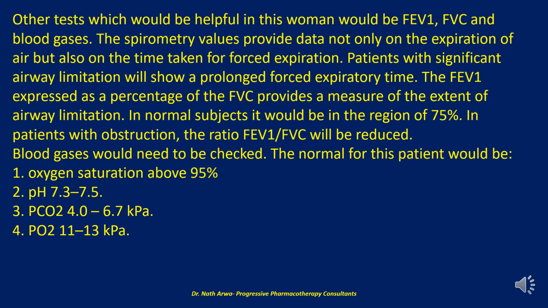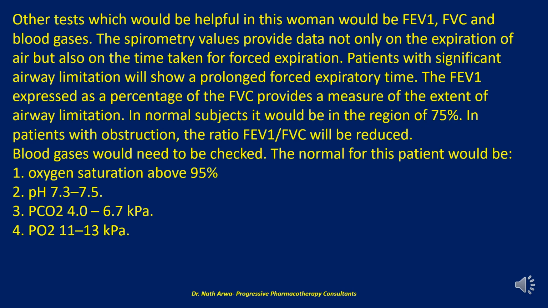Other tests which would be helpful in this woman would be forced expiratory volume in 1 second, forced vital capacity and blood gases. The spirometry values provide data not only on the expiration of air, but also on the time taken for forced expiration. Patients with significant airway limitation will show a prolonged forced expiratory time.